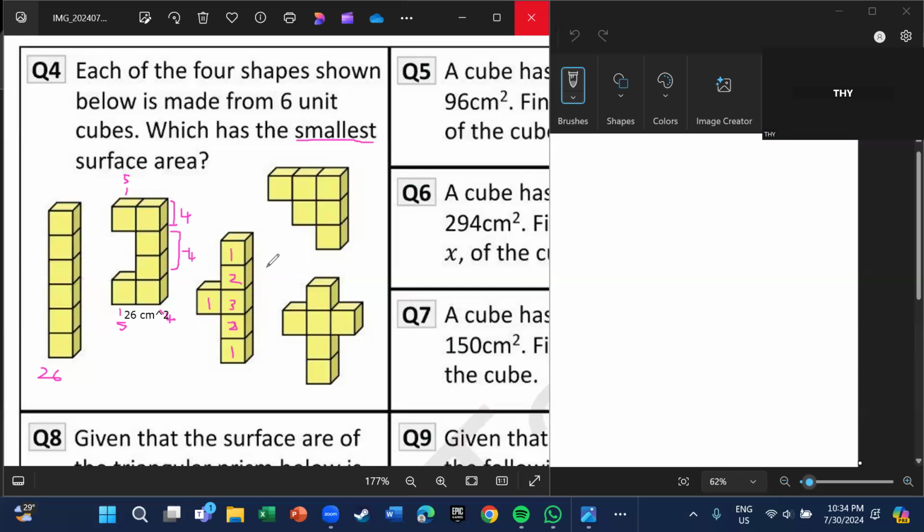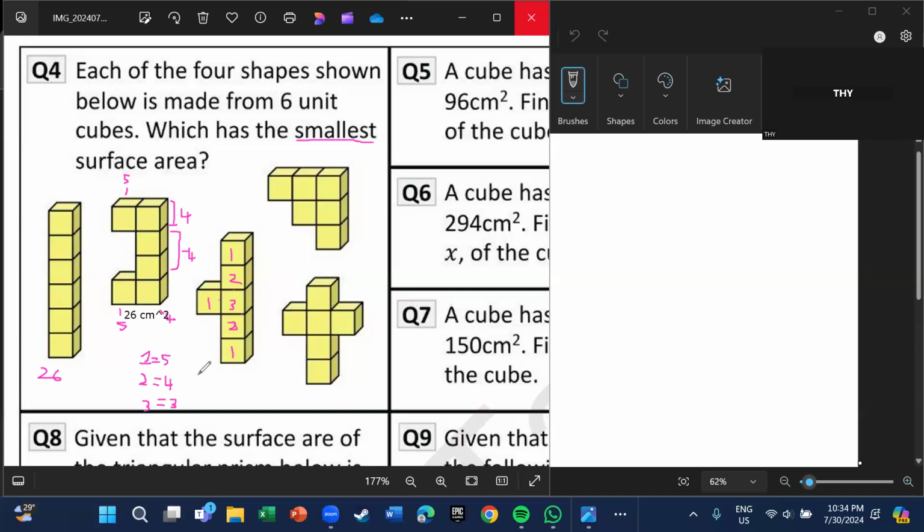For number 1, since only one side is covered, the 1s would be 5 faces. The 2s, because there are 2 covered, will only have 4 faces. And the last one, the 3, has 3 faces covered, 1, 2, and 3, so this will give us 3 sides.